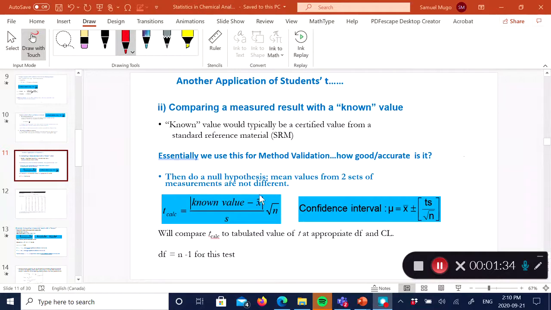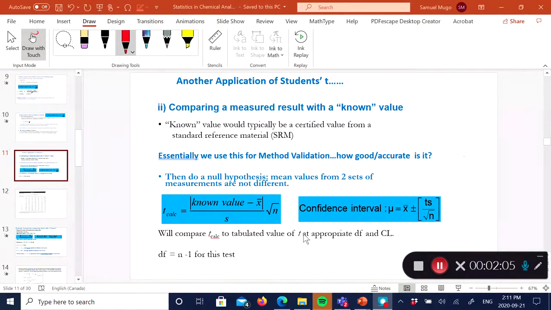So you're going to see how you do this is very similar to the confidence interval equation, which is just an analogous method of doing it. So you do the t calculated, which is this t that you make into the subject of the formula. And you can see this mu, that's the known value, minus the x bar when you take it to the other side of the equation sign, divided by the absolute standard deviation, which is this.